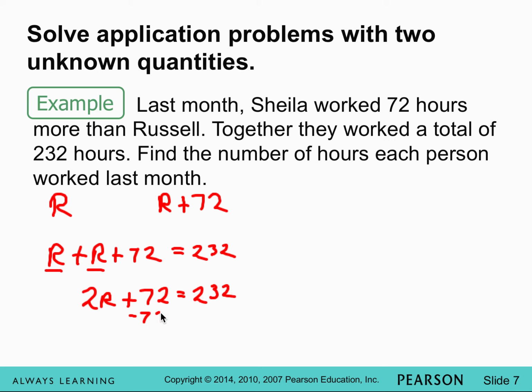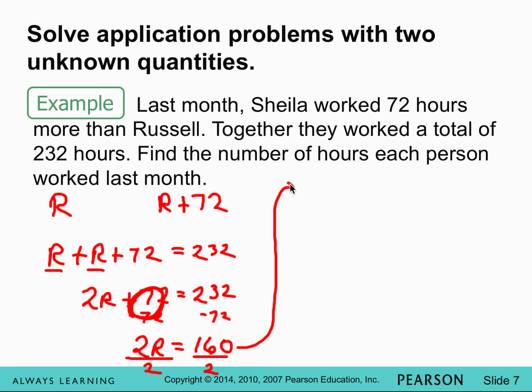Undo whatever's being added or subtracted. 2R plus 0 is 2R. So what's that, 160? Undo what's being multiplied. Divide both sides by 2. So we have R equals 80.